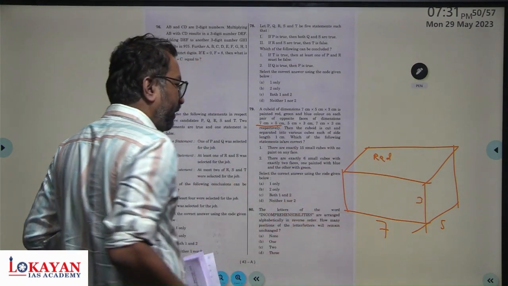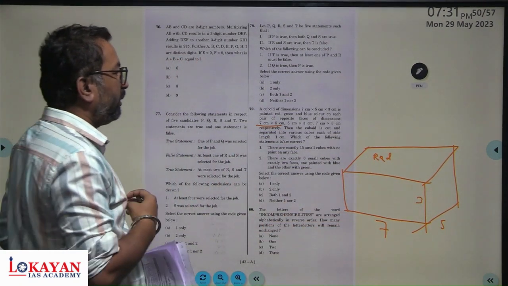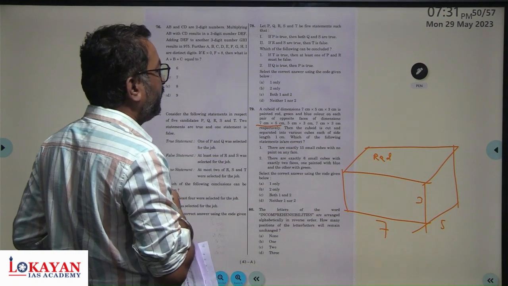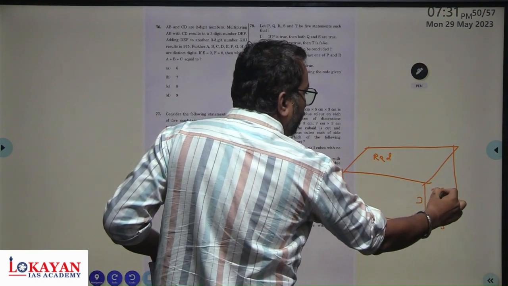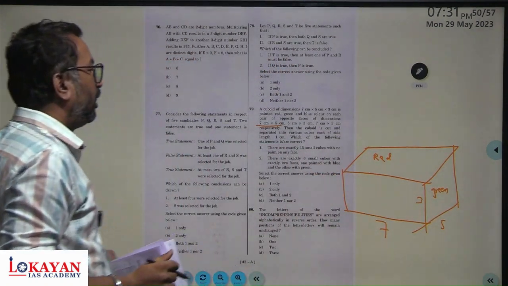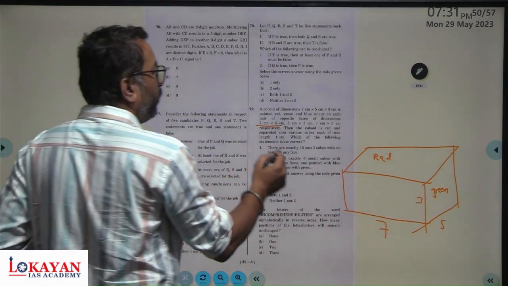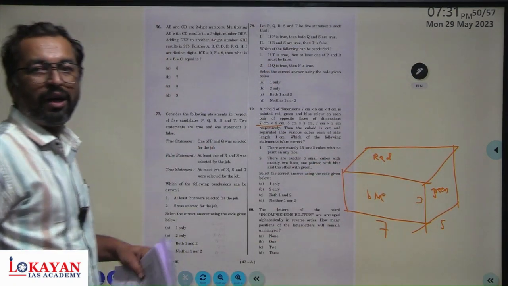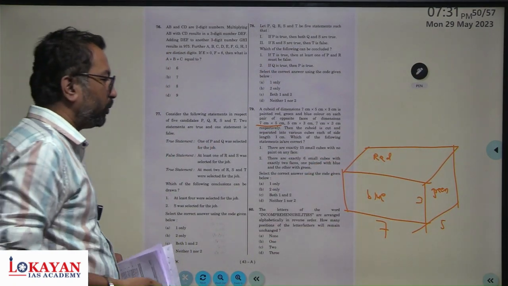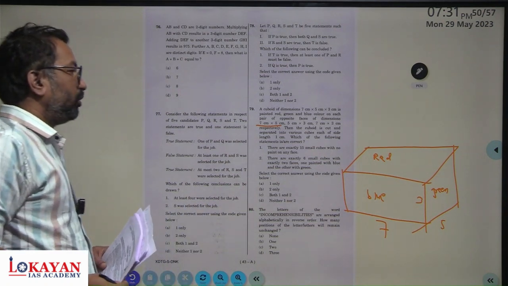Top and bottom are red. 5 into 3 पे कौन सा कलर दिया है? It is green. 5 into 3 पे it is green, और उसका opposite भी green है. और 7 into 3 पे कौन सा है? Blue color. 7 into 3 पे blue, और उसका opposite जो हमें we are unable to see. So this is blue.